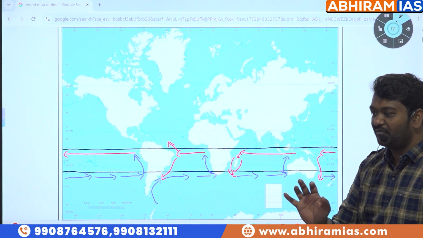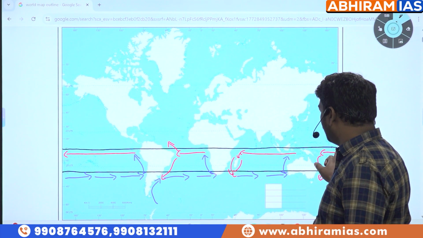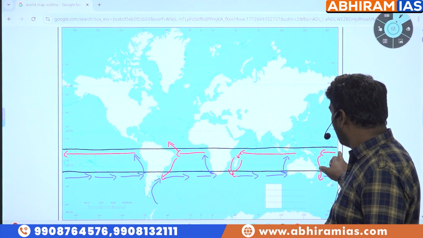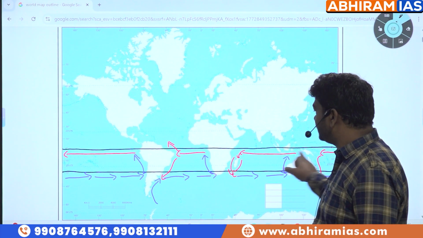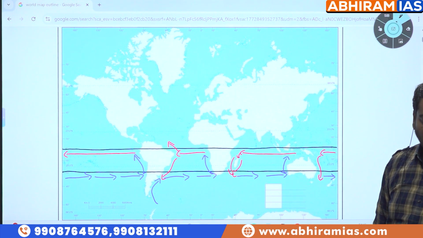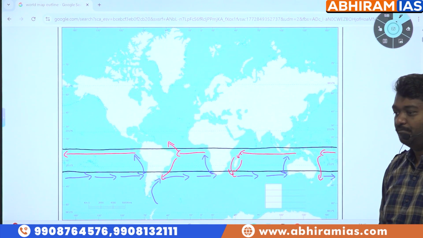Everyone, first draw only one thing. Equator you drew. Below the equator, you draw in red or blue, it's fine, but mark it as hot. East to west everywhere. In all the oceans below the equator, you should draw east to west.